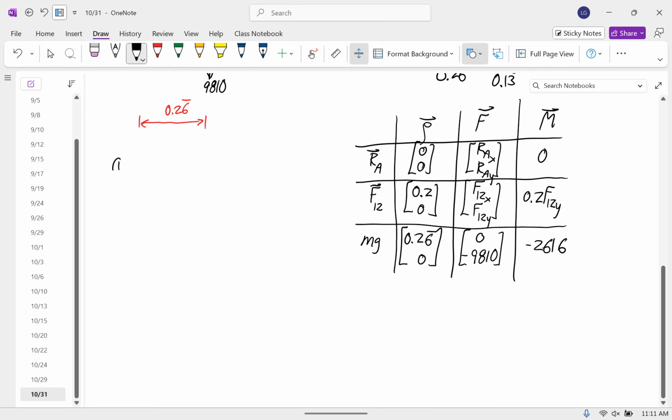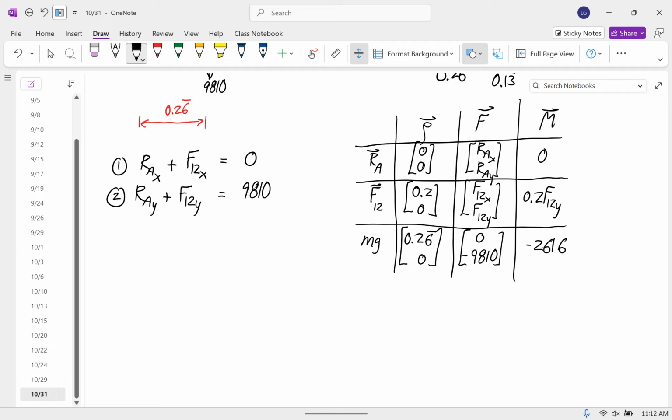And so my first three equations, I have RAX plus F12x plus 0 is equal to 0. The second equation says RAY plus F12y minus 9810 is equal to 0. So I'll move that over to the other side. And then the third equation says 0.2 F12y minus 2616 is equal to 0. So this is equal to positive 2616.